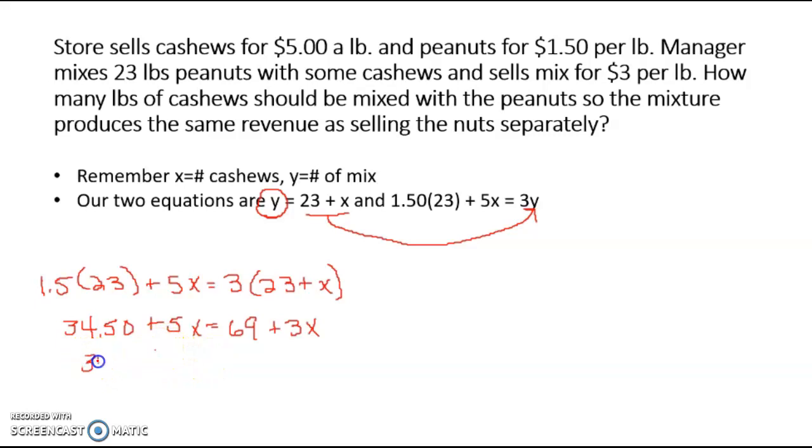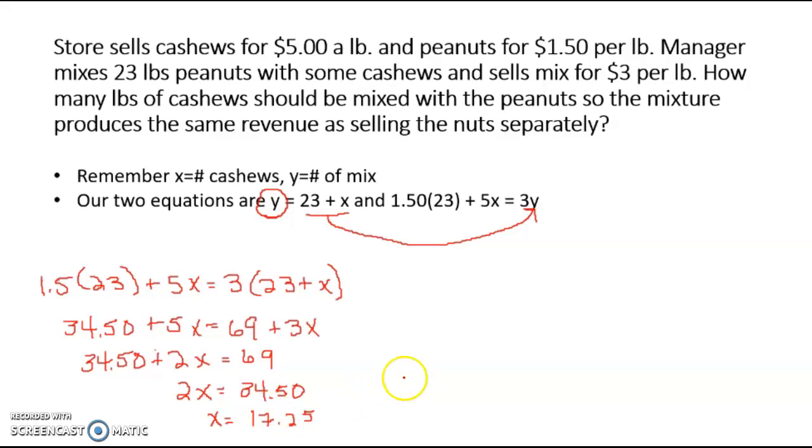So then I have 34.50 plus 2x equals 69, and I'm going to subtract 34.50 from both sides. That gives me 2x equals 34.50. And when I divide both sides by 2, I find that x is equal to 17.25. But what does that refer to?